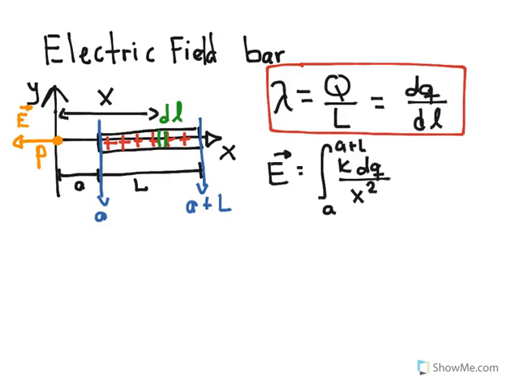Now dl, which is the differential of length, is exactly the same as saying the differential of x, since we are working on x. The length and x is just notation, right?